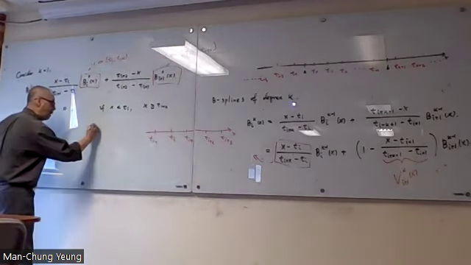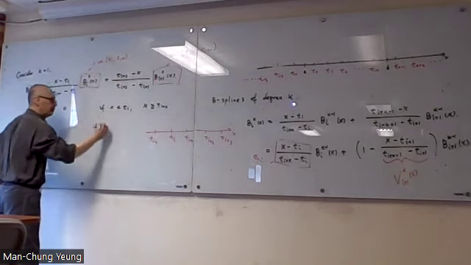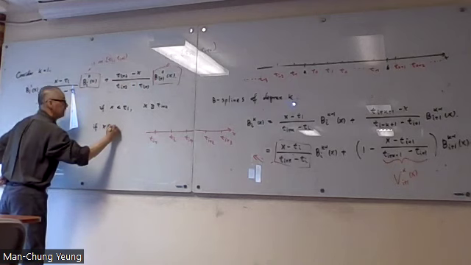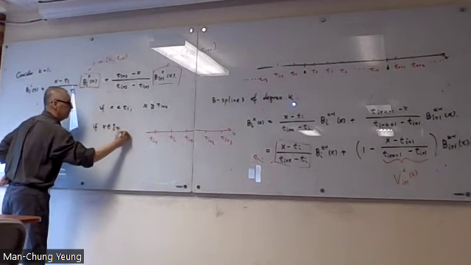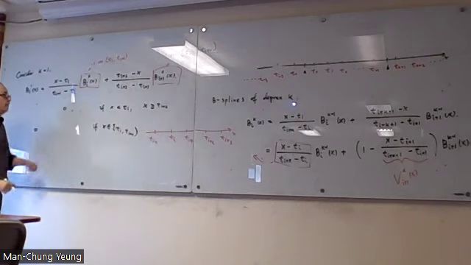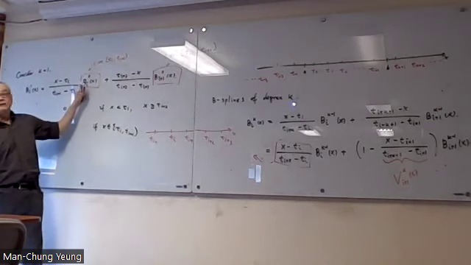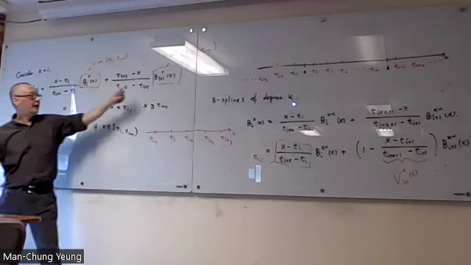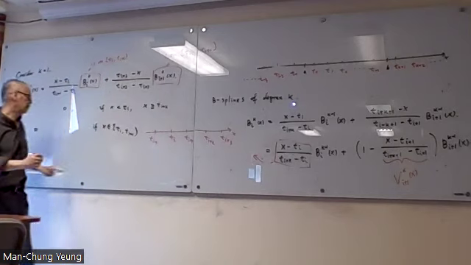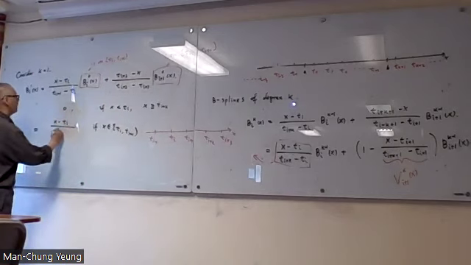Now how about x in this interval? When x is in this interval, this b is 1, and this b is 0. So we get (x minus t_i) over (t_{i+1} minus t_i).